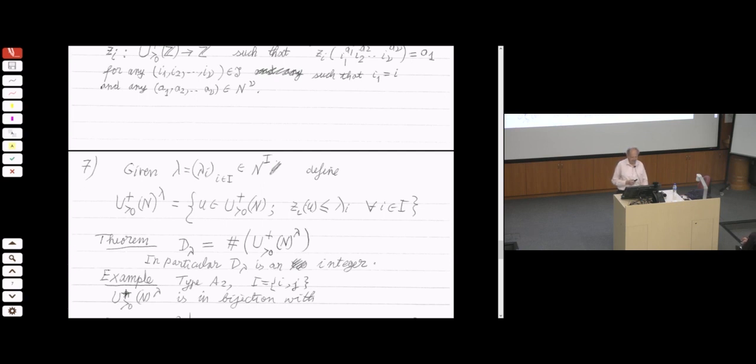In fact, if each lambda i is less than some number n, then the number of elements in the set can be bounded by something like (1 plus n) times (1 plus 2n) times (1 plus 4n) times (1 plus 8n), some product like that.